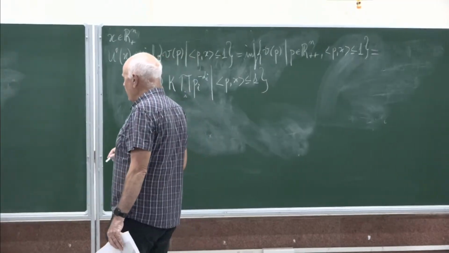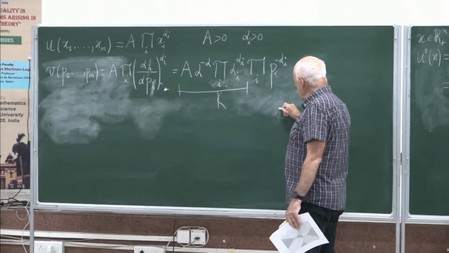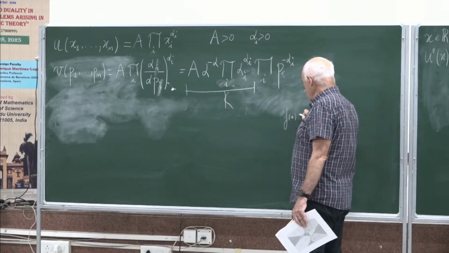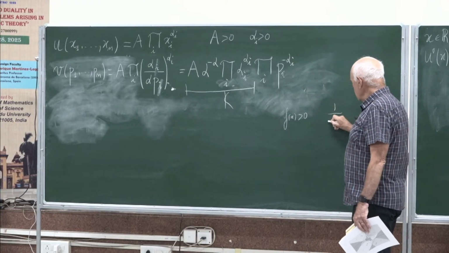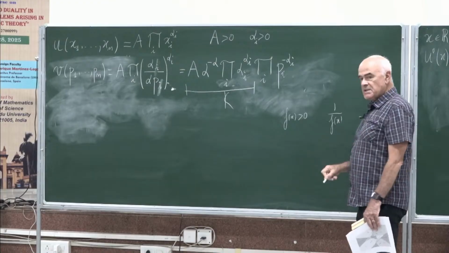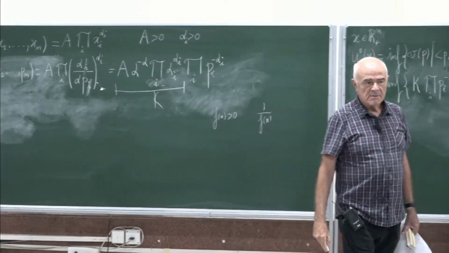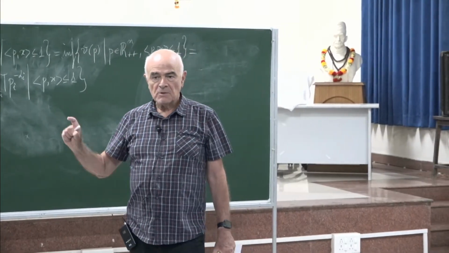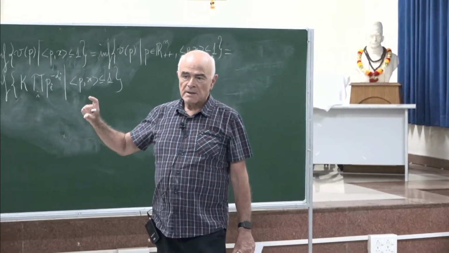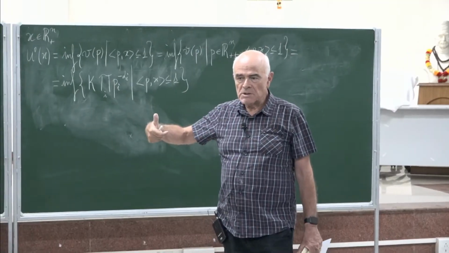So if you want to minimize f of x, and f of x is positive everywhere, then you equivalently maximize the reciprocal. And then once you do that, you invert again. You take the reciprocal. Okay?